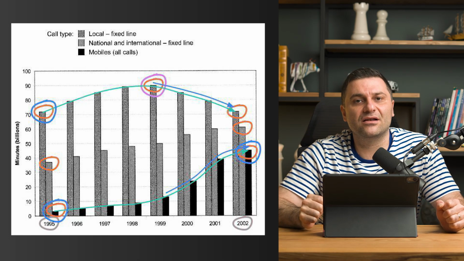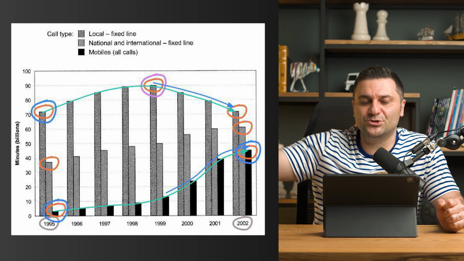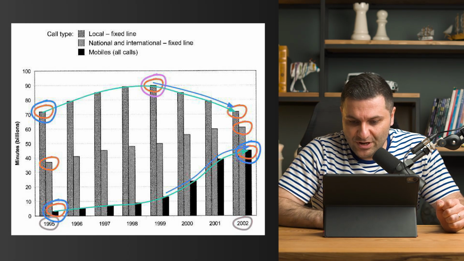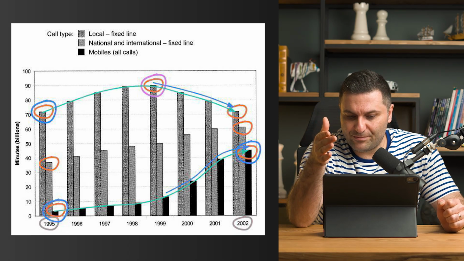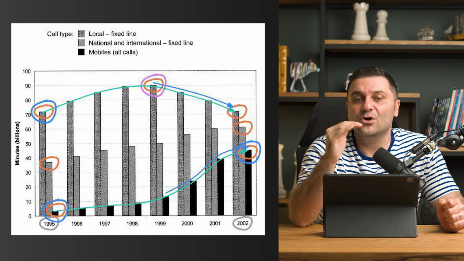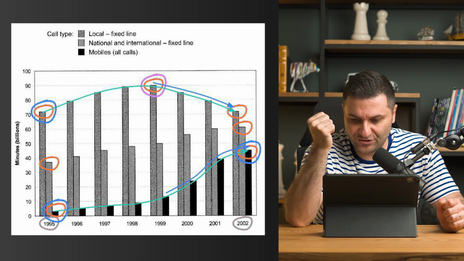So this is an interesting change. Another interesting change can be about local fixed lines, which increase and then decrease.